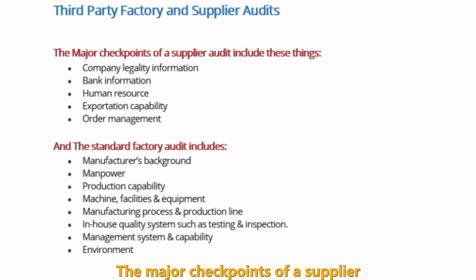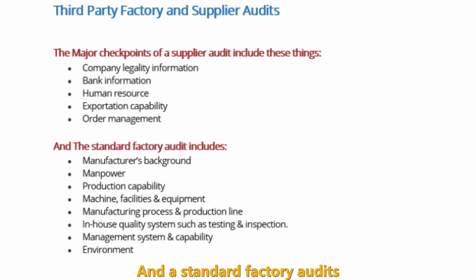The major checkpoints of a supplier audit could include these things: company legality information, bank information, human resource, exportation capability, and order management.